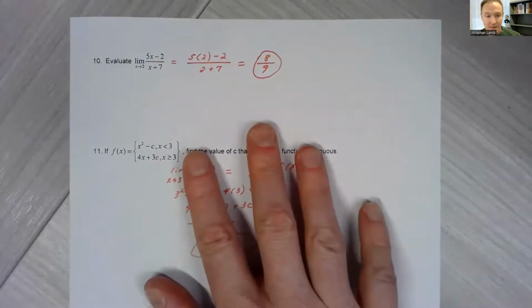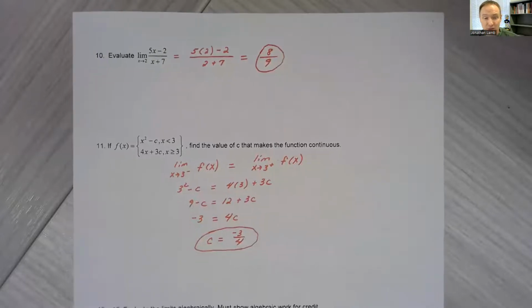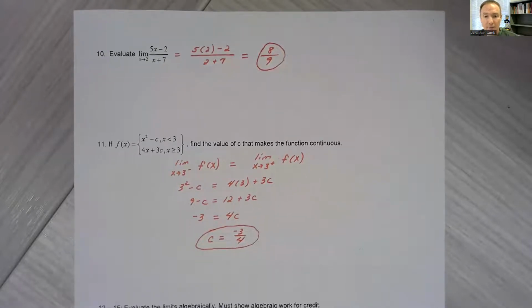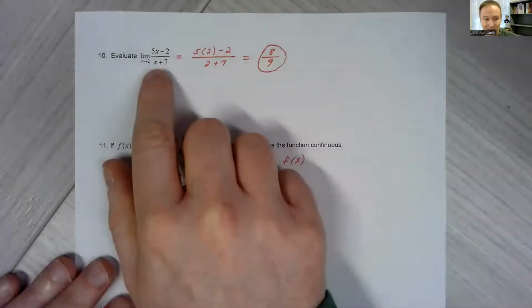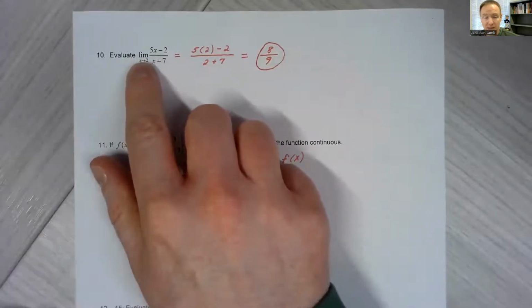The next problem is the easiest problem on the test, a problem out of section 2.3, where if we have a curve, the portion of the curve where the limit exists, if it's a nice smooth curve, then the limiting value is equal to the function's value at that point. We know the vertical asymptote of this function would be at -7, but at x equals 2, it's going to be perfectly continuous there.